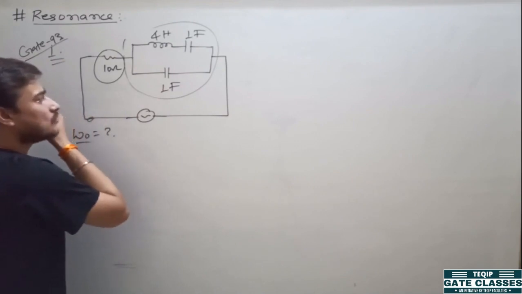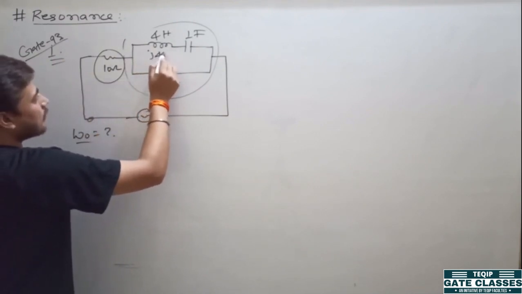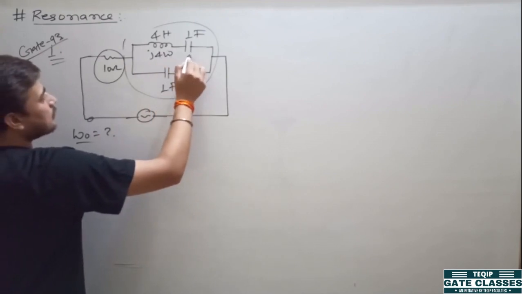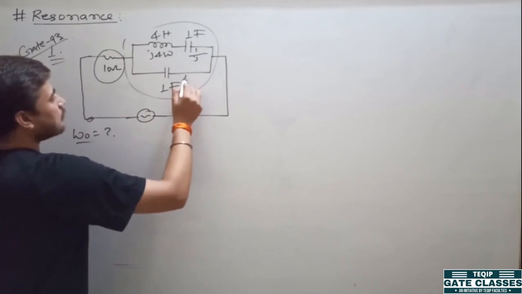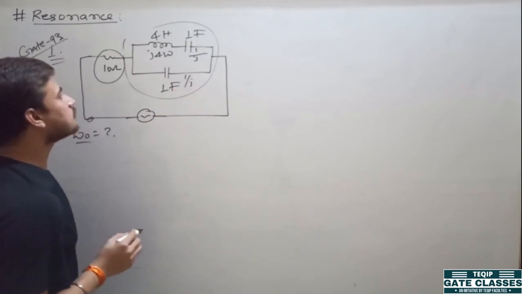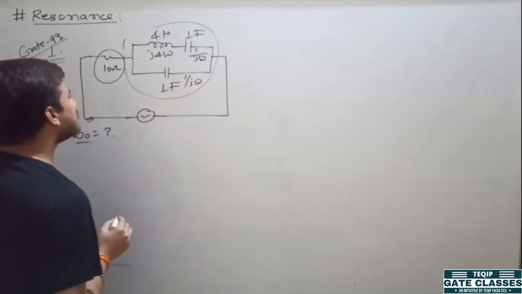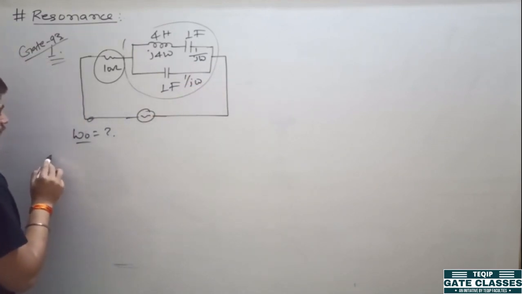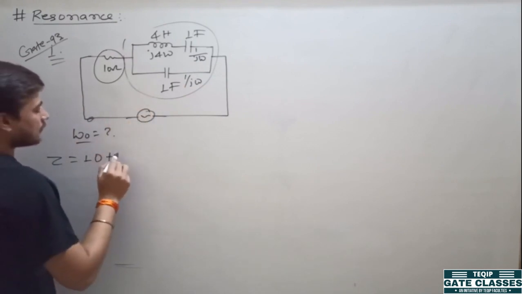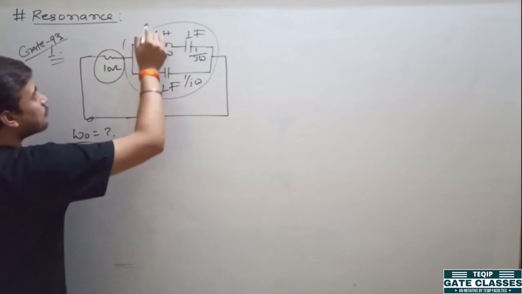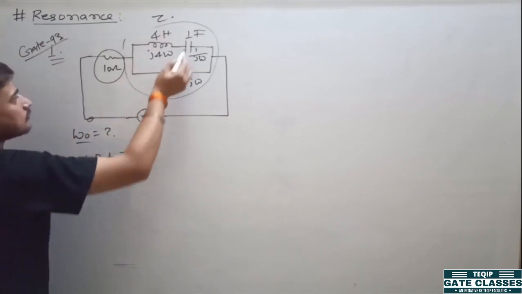The impedances are j4 omega, and here it will be 1 upon j omega, and here also 1 upon j omega. So total Z, if you write total Z, will be 10 plus this Z. If you represent the whole term by Z, this Z will be equal to this one.